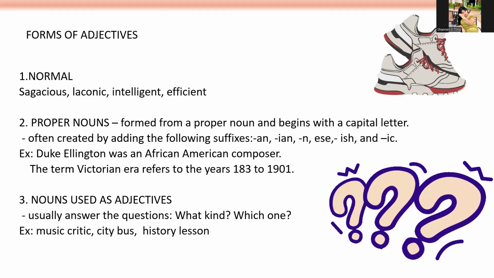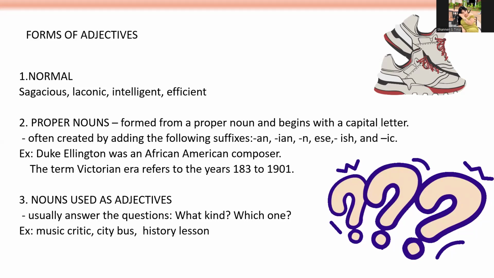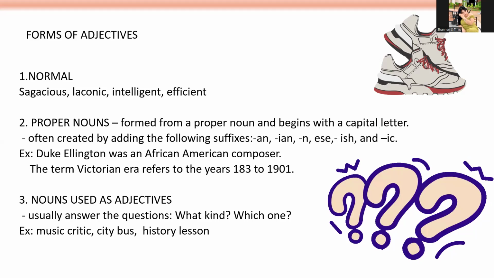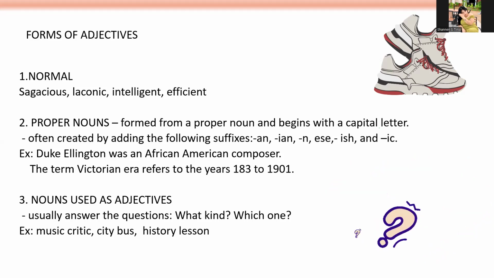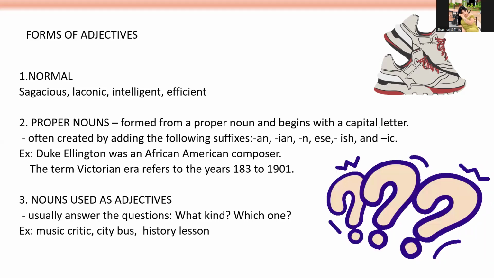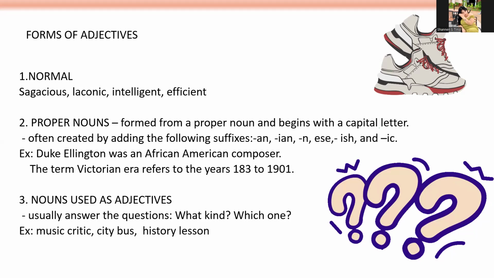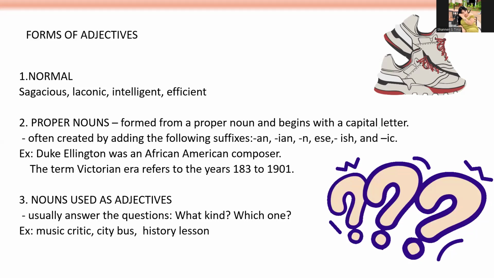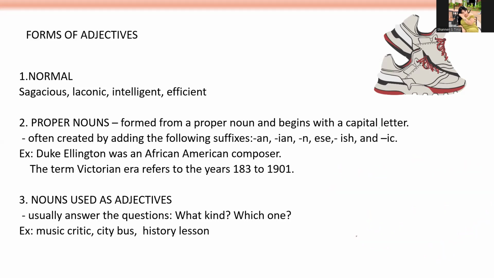The term Victorian era refers to the years 1835 to 1901. Okay, 1835 to 1901. What kind of era was it referred to? A Victorian era. Okay? More examples.